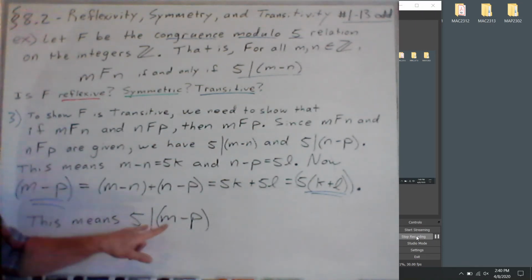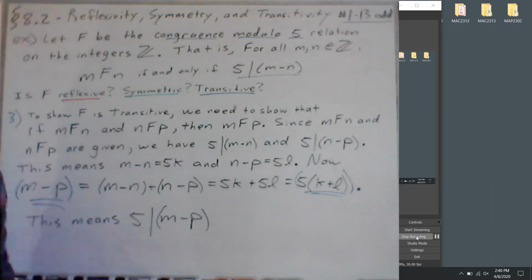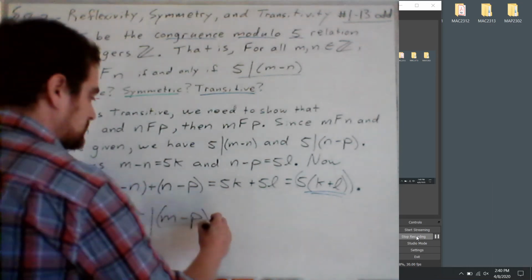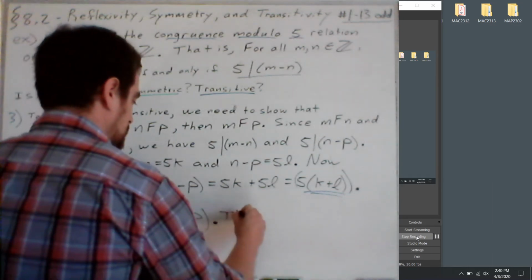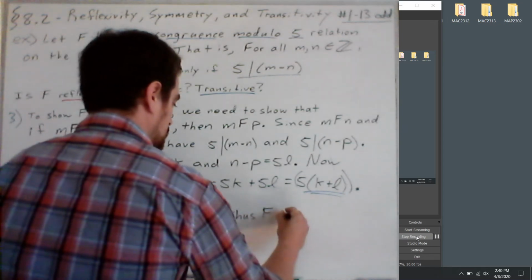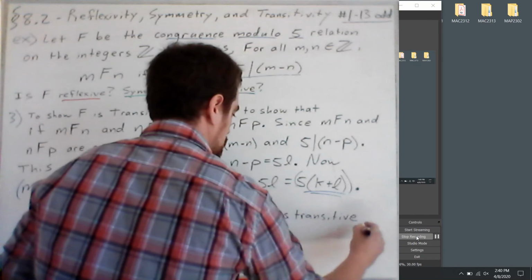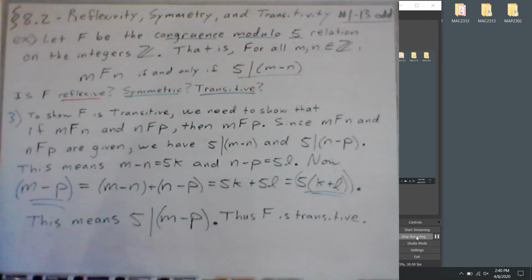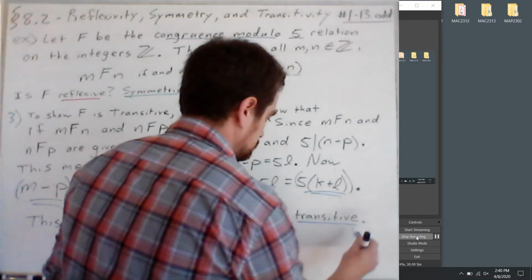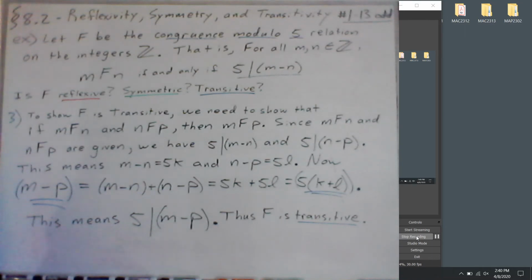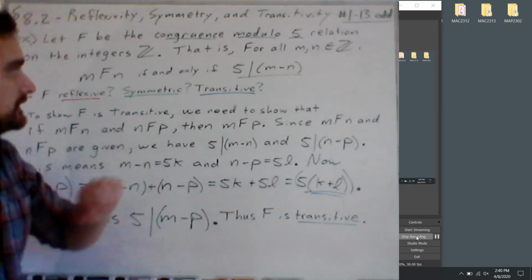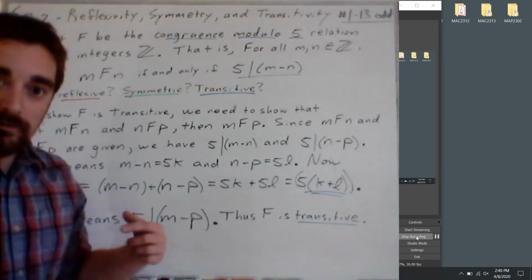m and p fit my relation. They fit my relation perfectly. Thus, F is transitive. So we can say yes to all 3 of these. And this is really nice.